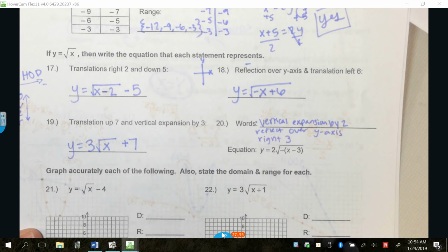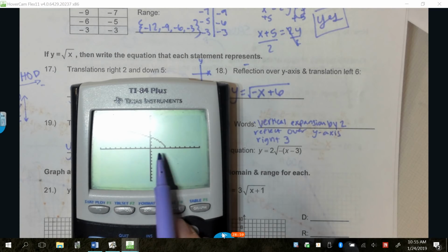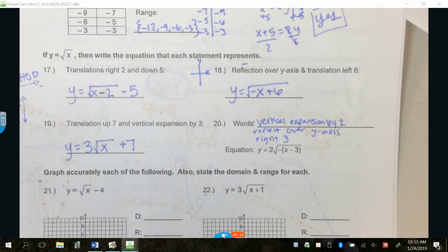So again, check your work in your calculator. 2 square root of negative x minus 3. So at right 3, it's an expansion and it reflected over the y. So this is correct.